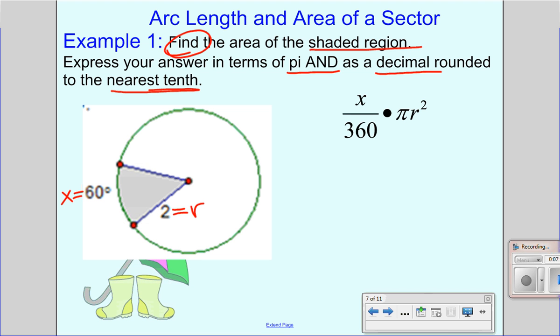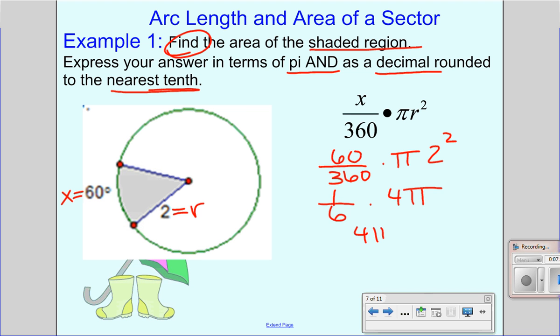So I'm just going to plug that right into my formula, and I'll have 60 over 360 times pi times 2 squared. So 60 divided by 360 is going to give us 1/6 times 4 pi, or 4 pi over 6.